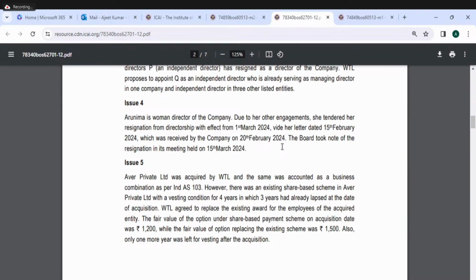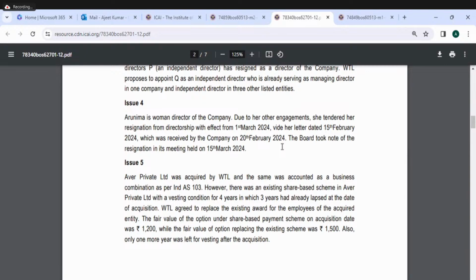Why is there a need for a woman director? Or why is there a particular provision with relation to women directors in the company? We know that the board of directors is the highest level of decision making in the company, and they have governance responsibilities.